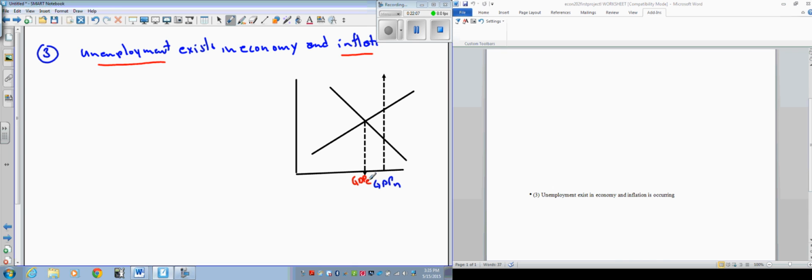And I'm going to either want to move the AD curve to the right or the SRAS curve to the right. Now, the difference here is that we have inflation in the economy, so we want the price level to do what? Go down. So what we want to do is we want to move the SRAS curve to the right.